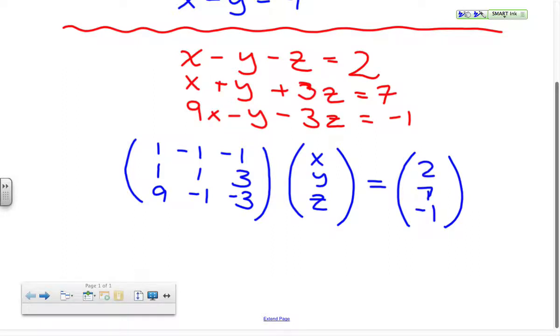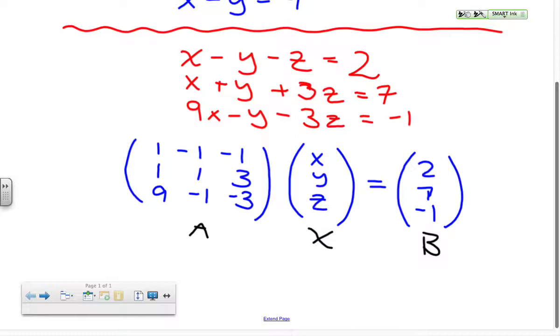Once we have this set up as separate matrices, this is probably the hardest part, and again, that's not very hard. You put your coefficients in one matrix, and we're going to call this matrix A. We put our variables in another matrix, we're going to call this matrix X. And we put our answers in a third matrix, we're going to call this B. Keep in mind that the variables must be in the same order.